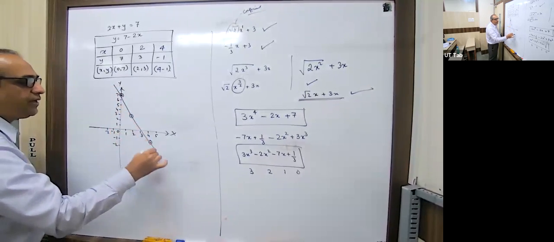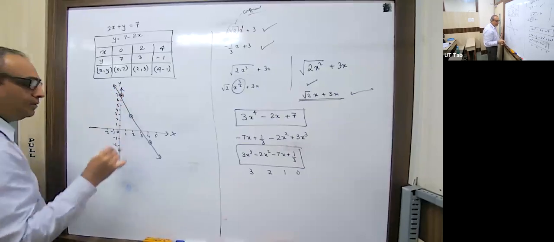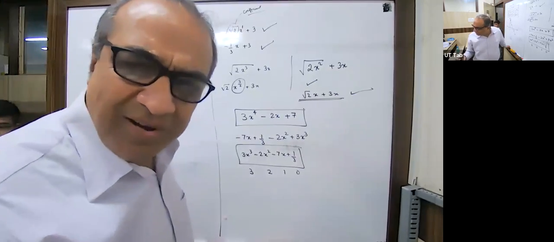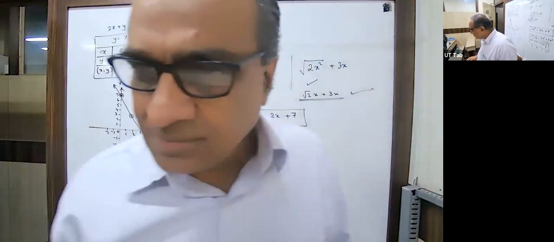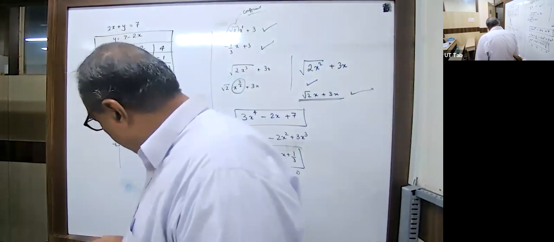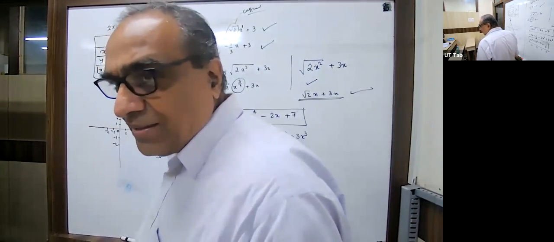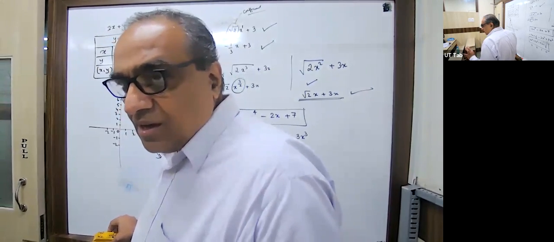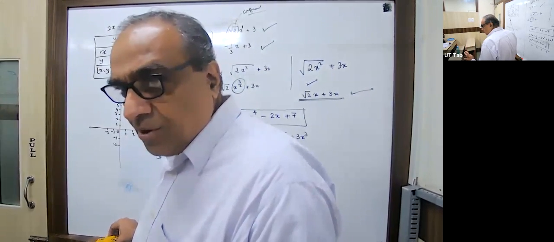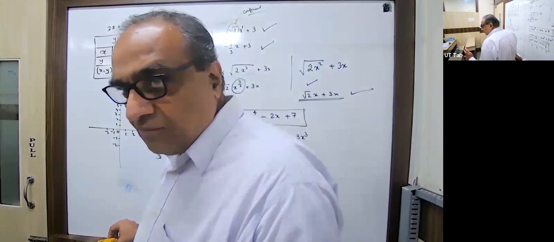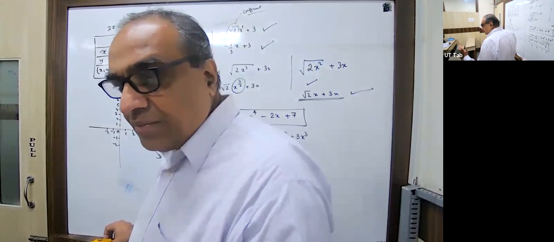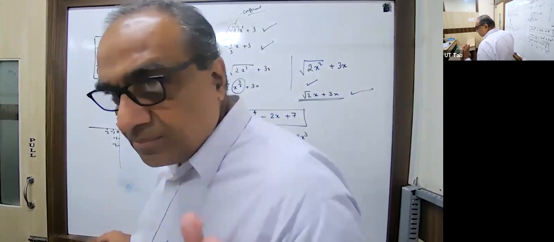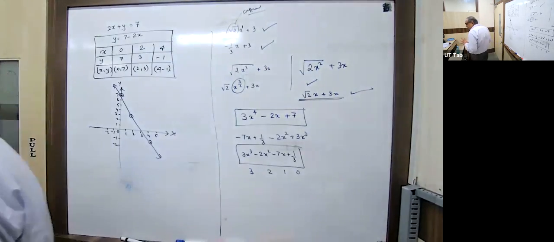So I will get a straight line. That we learn in the next chapter. Okay? So here you don't have plotting, except the fact that whenever I have to find out the zeros of a polynomial, I look at the graph and I will see the number of points where it touches the x-axis.